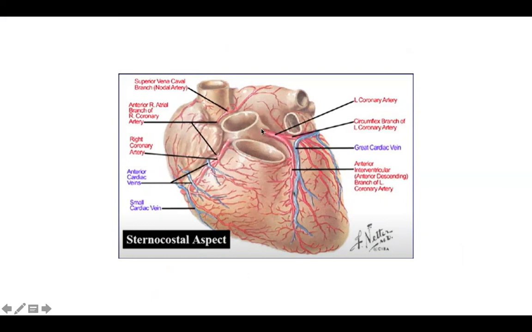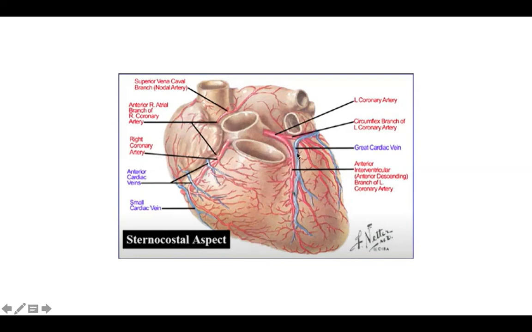The left main comes from the left coronary sinus. It gives the left anterior descending artery and the left circumflex. The left anterior descending artery runs in the anterior interventricular groove. If this is the left ventricle and this is the right ventricle, the LAD runs in this groove.